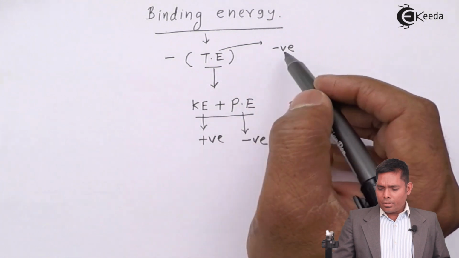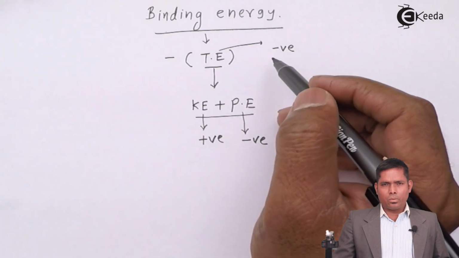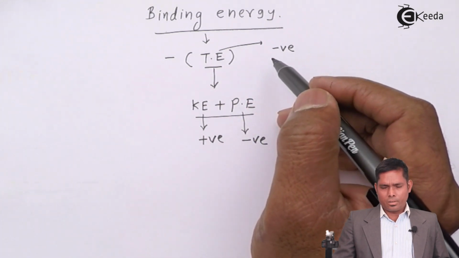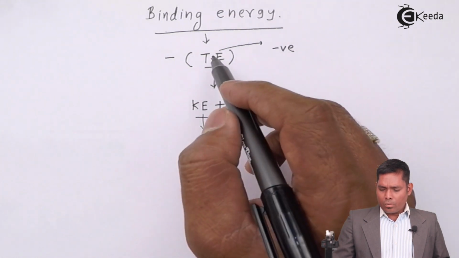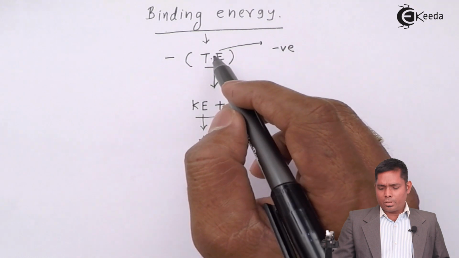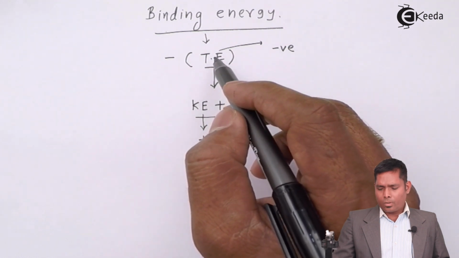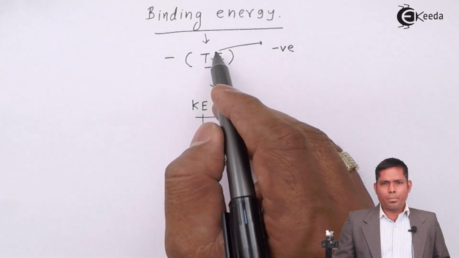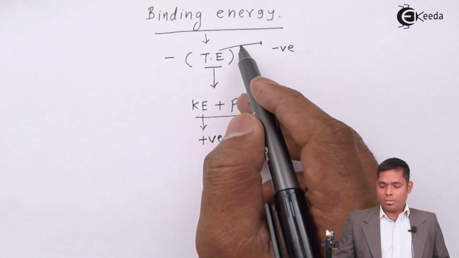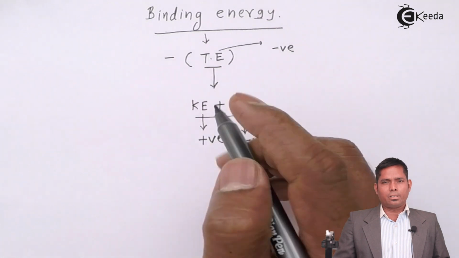To make it free, we have to supply that amount of positive energy. If the total energy is, say, minus 5 joule, then you provide plus 5 joule to make it free. That energy is known as binding energy.